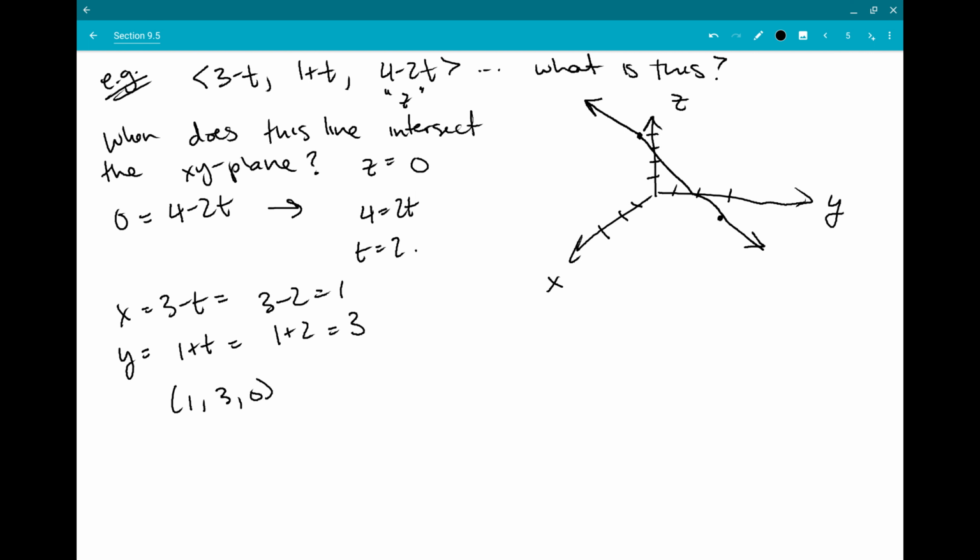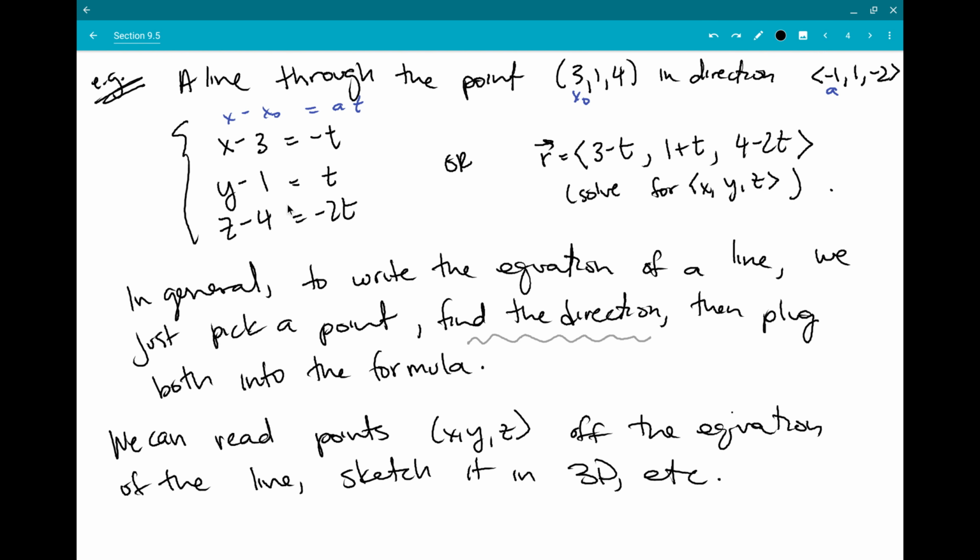If I wanted to check if any random point is on the line, I would just have to check, and that's easier to see if I go back to this representation right here.